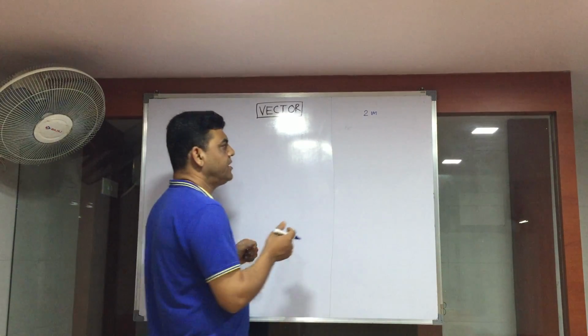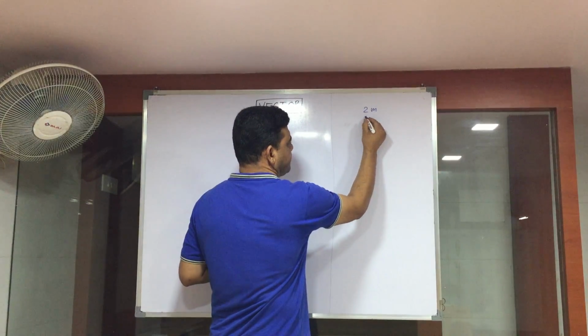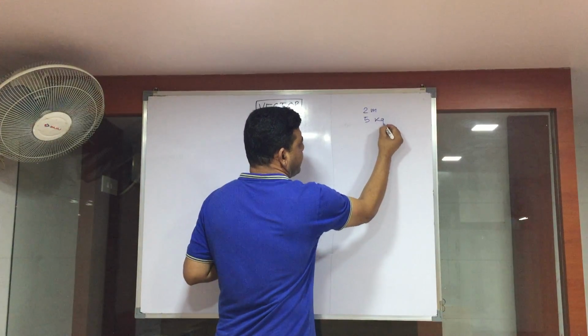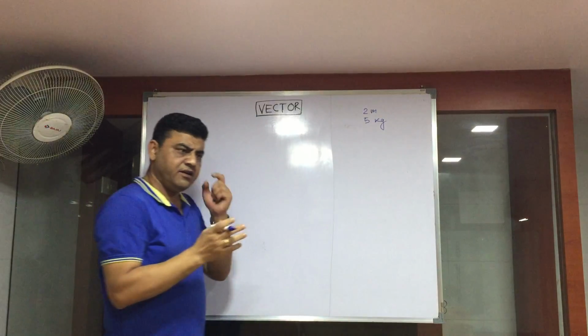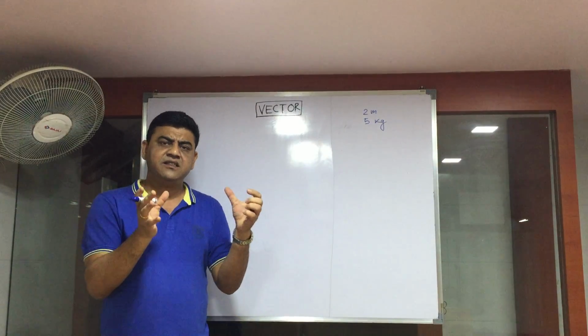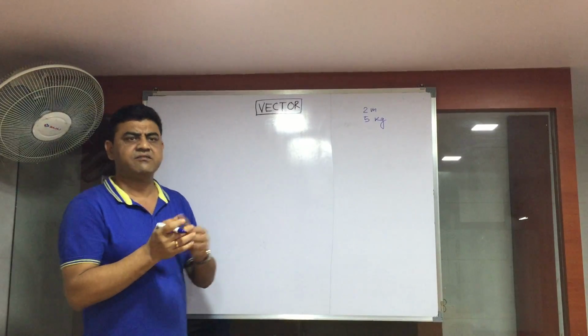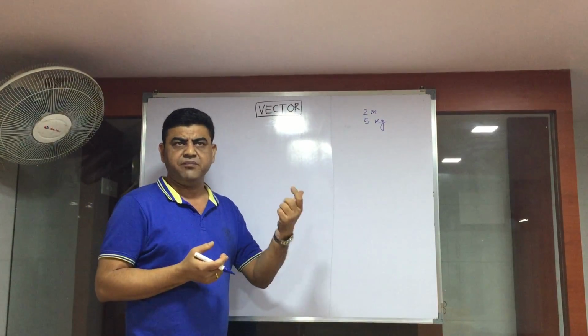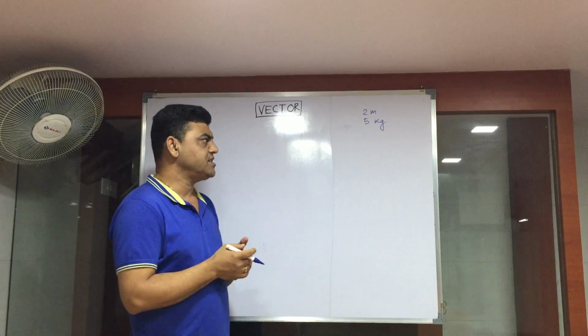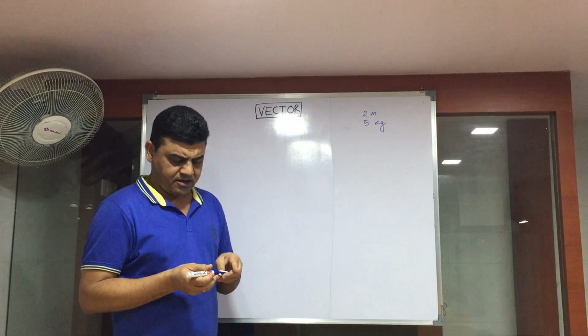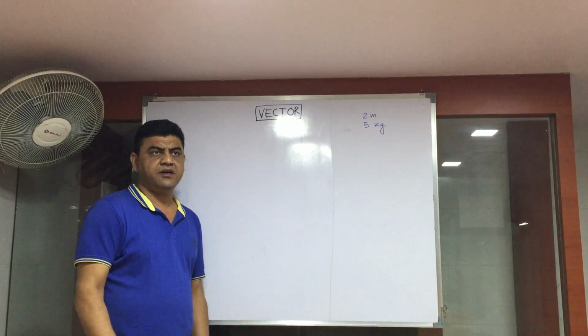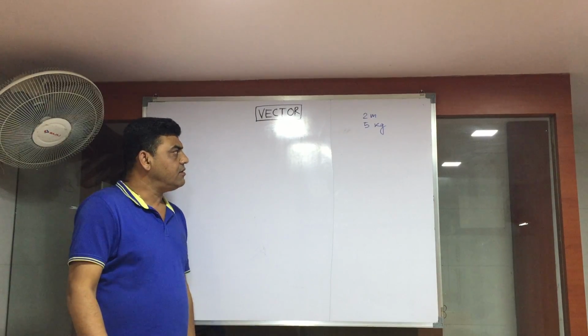Similarly, if we talk of a mass of 5 kg, we get a perception that this is an object which is 5 kg by mass, and generally we perceive it by weight, so we say it weighs 5 kg, which is a gravitational unit of weight.